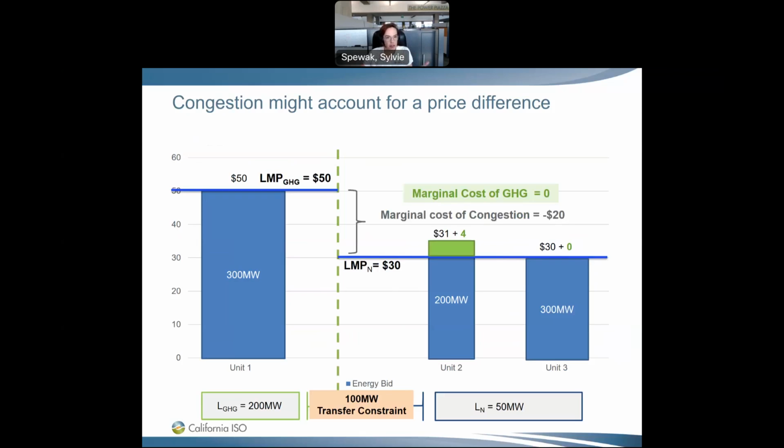And you can prove this to yourself the same way we did in Chapter 2, where we increased the transfer constraint from 100 to 101 megawatts. And if we do that, we can substitute 1 megawatt of Unit 1 for 1 megawatt of Unit 3, and that saves a total system cost of $20.